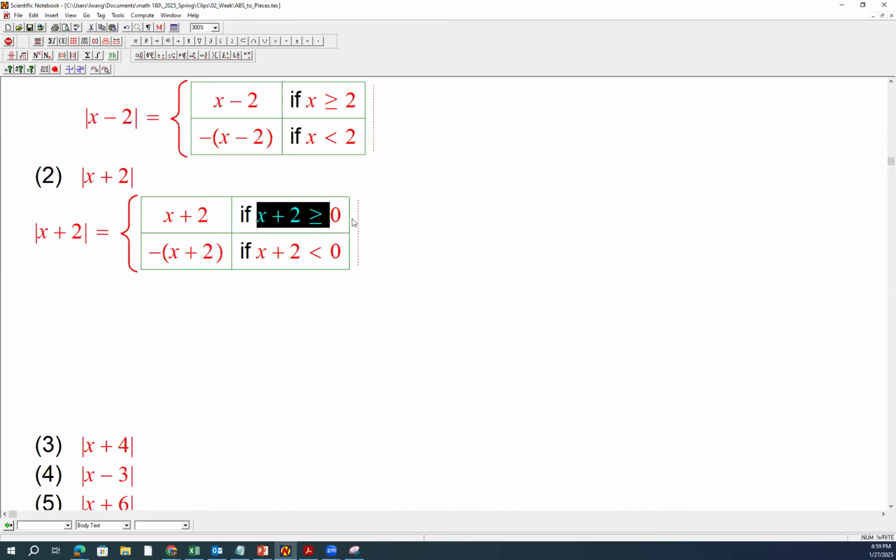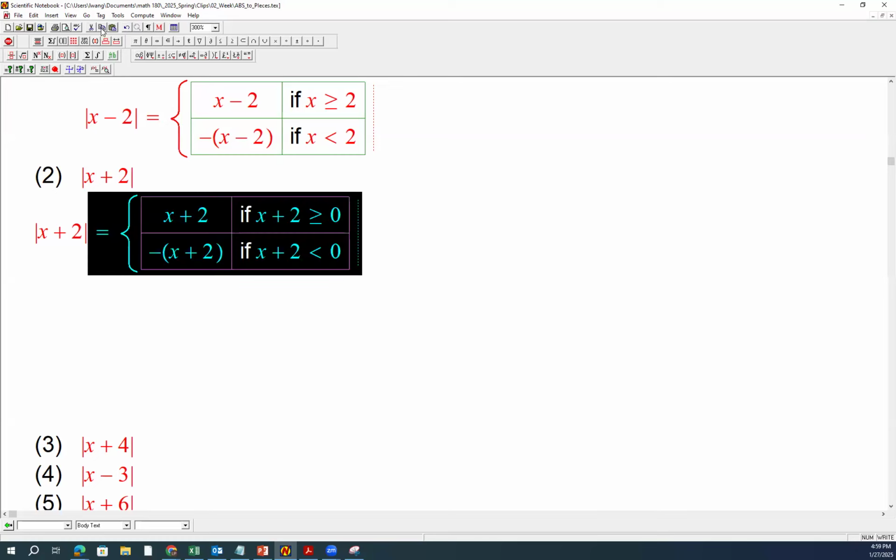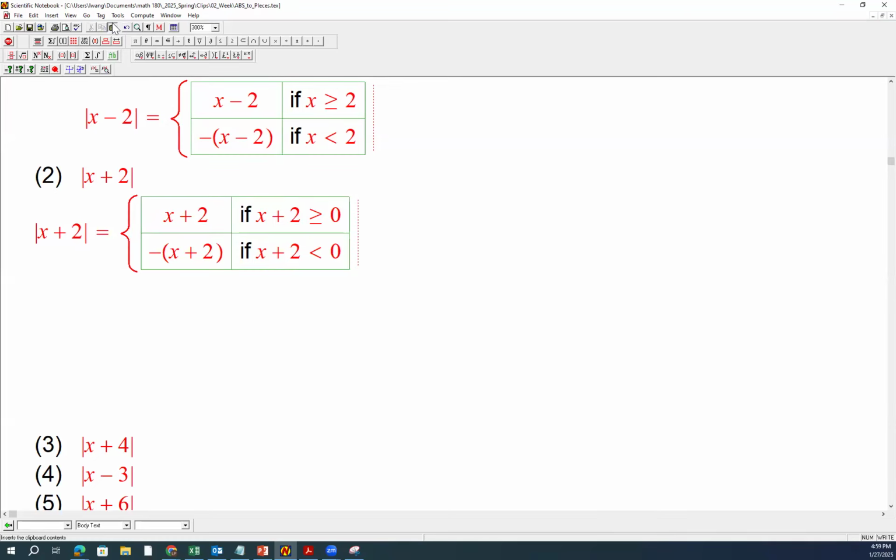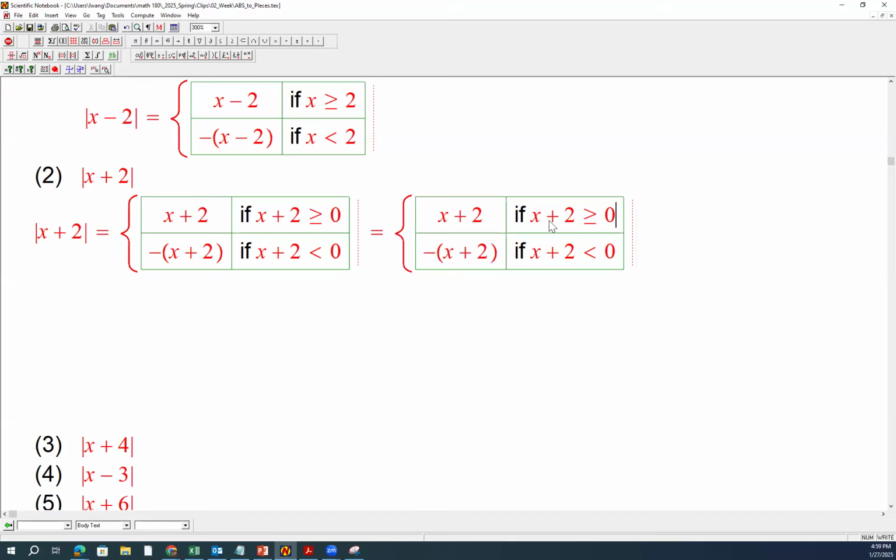And then we solve this inequality, right? And then we're almost done. Just solve this inequality. This time we subtract 2 on both sides, right? So this is x greater than or equal to -2, and this is x less than -2. Okay, so it's done.